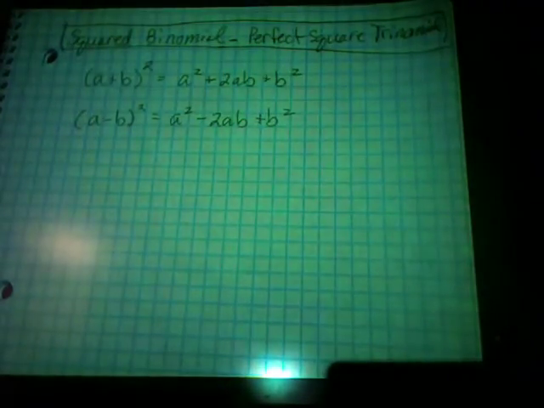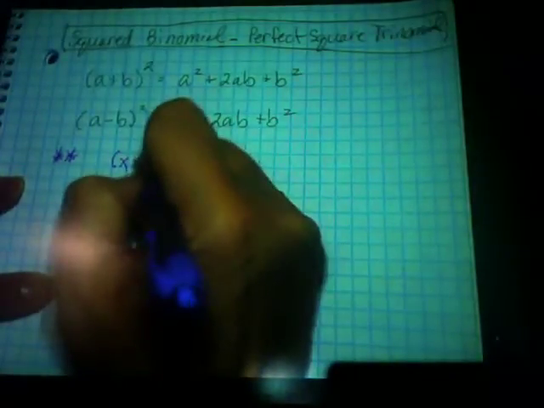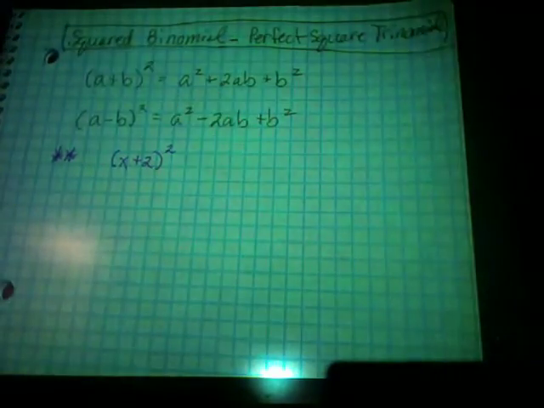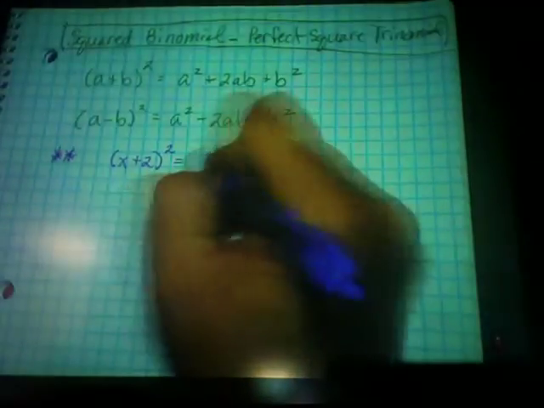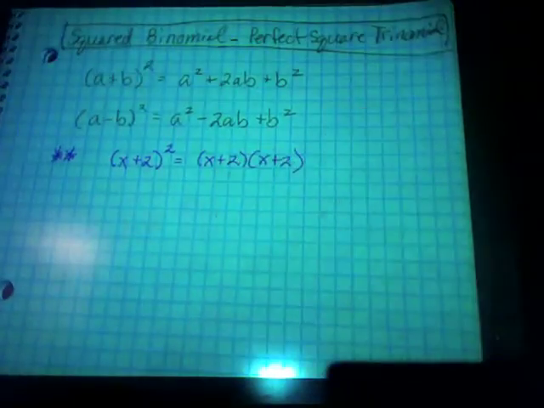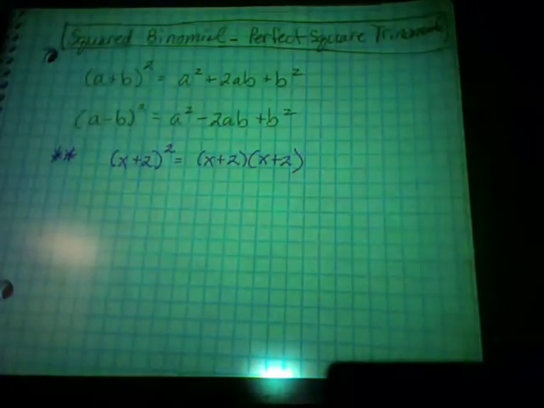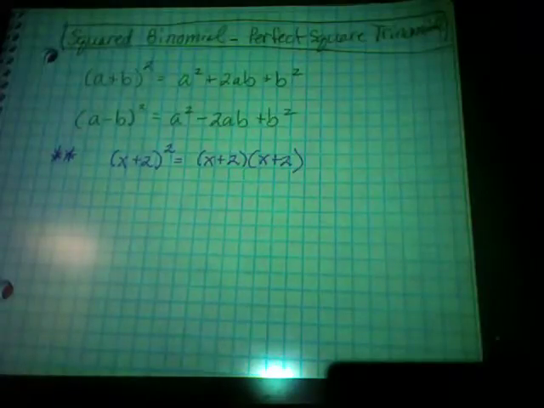So I'm going to prove to you that this works by taking x plus 2, and I'm going to square it, and we're going to do it the long way. So x plus 2 squared is really equal to x plus 2 times x plus 2. If you don't memorize the factor pattern, you will have to write out your binomial that way and then do a double distribution.